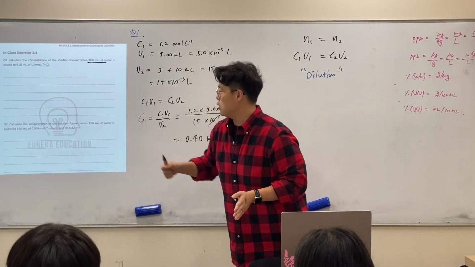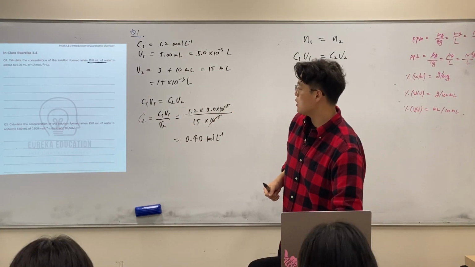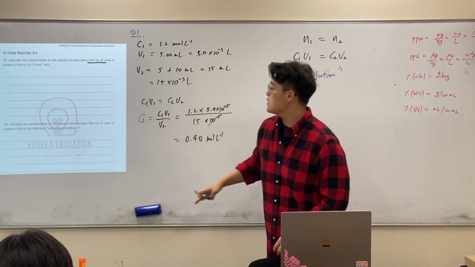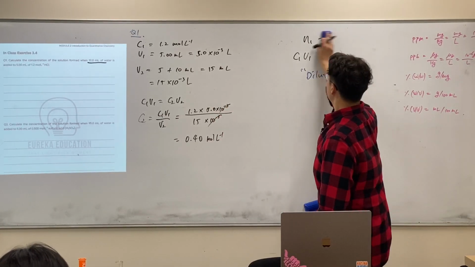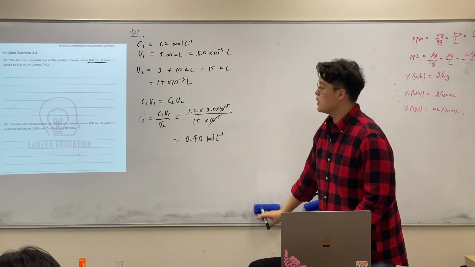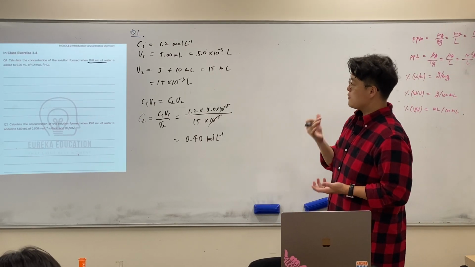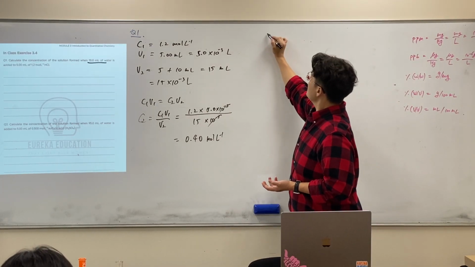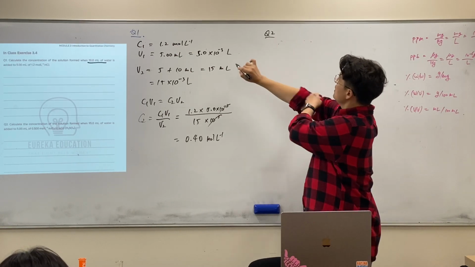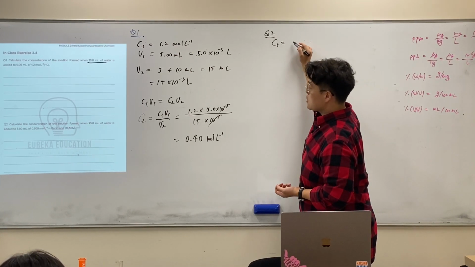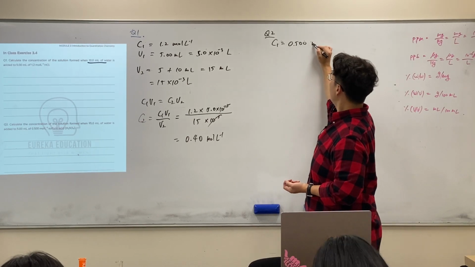Question 2. Calculate the concentration of the solution formed when 95 mL of water is added to 5 mL of 0.5 mole per liter sulfuric acid. So we're given C1 as 0.500 mole per liter.